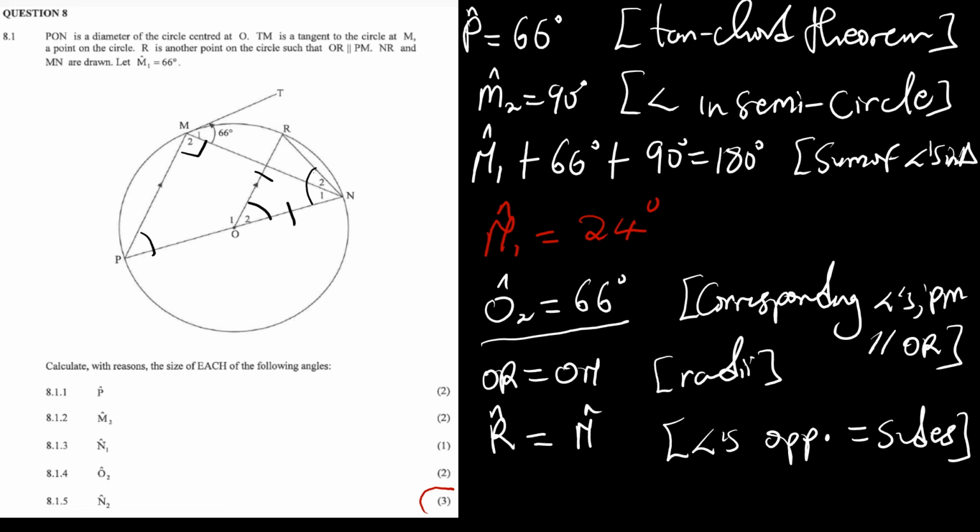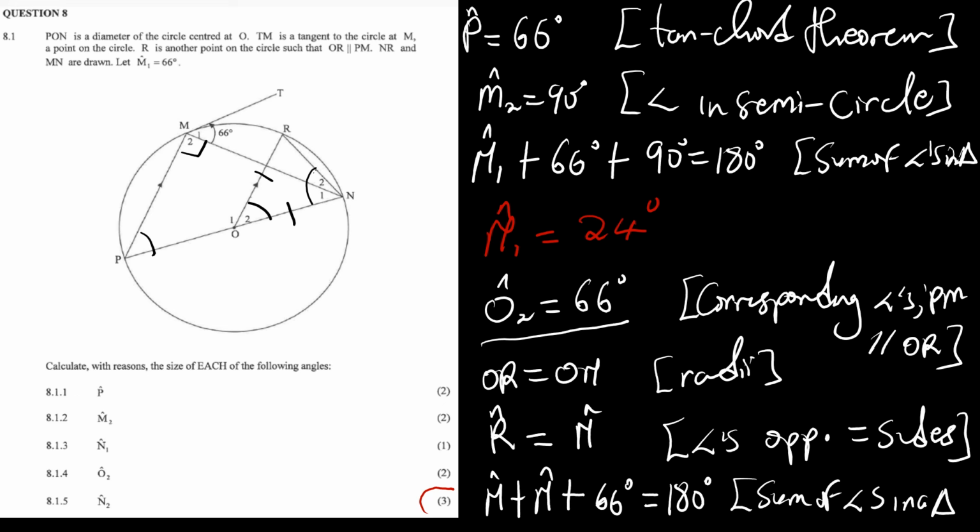So angle N plus angle R, which is the same as angle N, plus angle O2, which is 66 degrees, gives us 180 degrees. The reason is the sum of angles in a triangle. I've written angle N plus angle N because angle R is equal to angle N, so where there's R, I replace it with N.